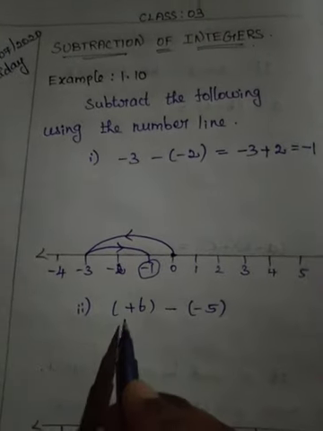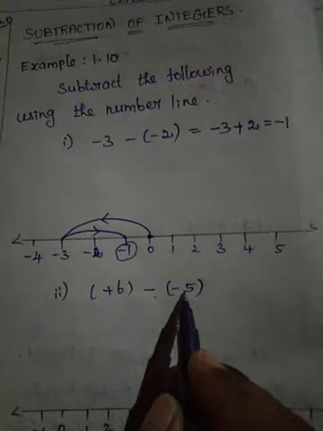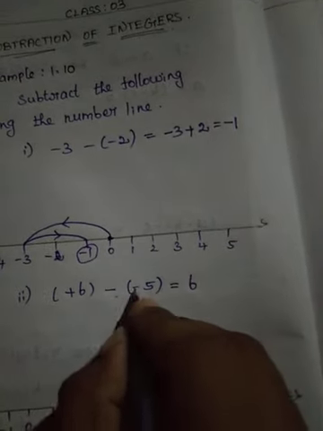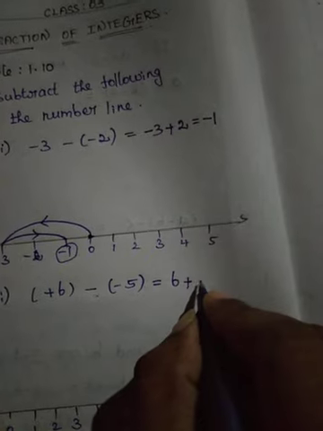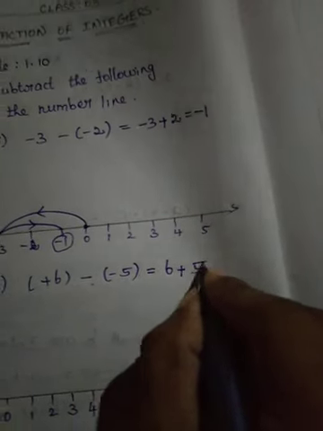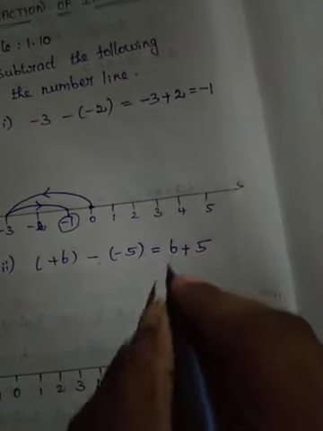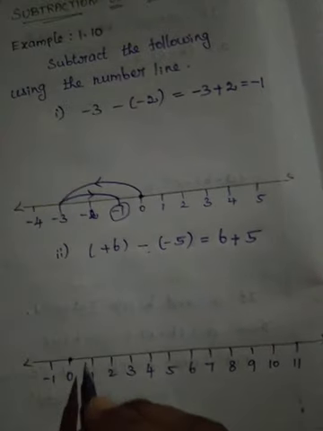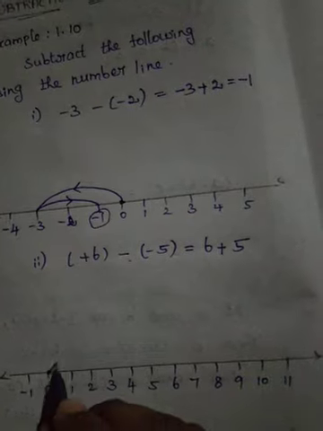See the second question: plus 6 minus of minus 5, how to write that? Minus of minus is plus, so 6 plus 5. 6 is a positive number, so starting with 0, move 6 numbers on the positive side.